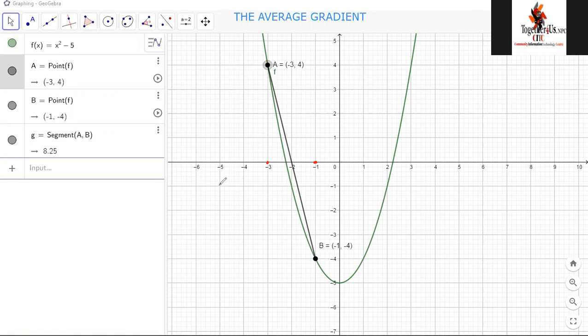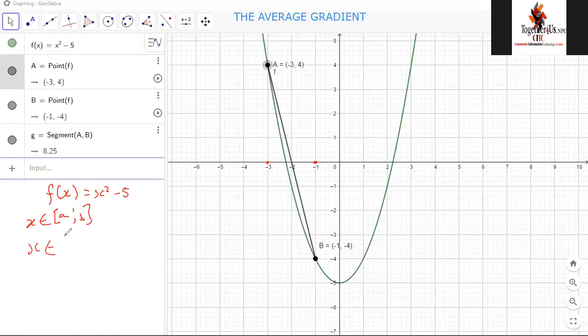In this case, if we were to find the average gradient of the function f, and we're still dealing with the same function from the introduction, x squared minus 5, in the interval, which is usually a closed interval, sometimes it can be open, but here we have a closed interval AB, and these are values of x. We are looking at points A and B, the interval -3 to -1.